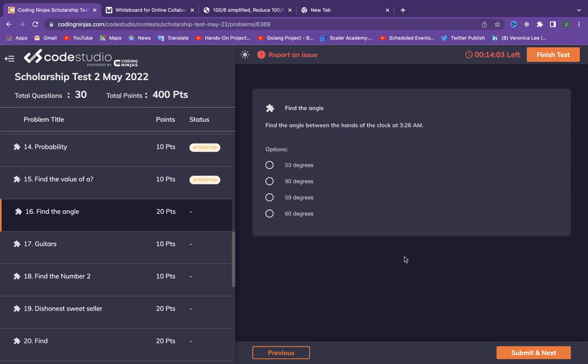No, not between 5 and 6. So that would be lesser than 90. I don't know. In my opinion, it would be something like 60 or 59. You decide.